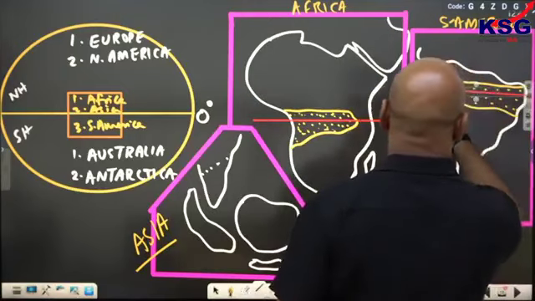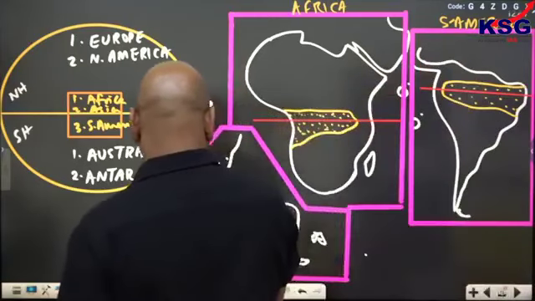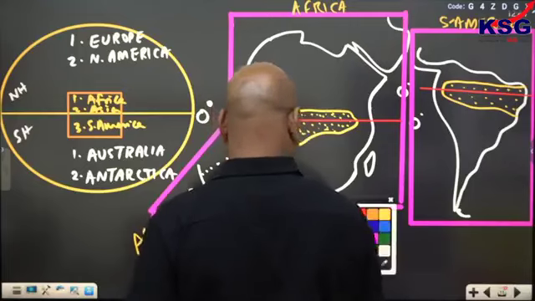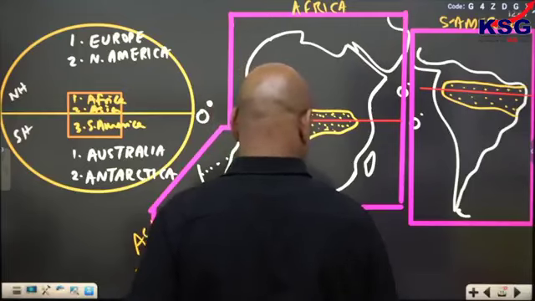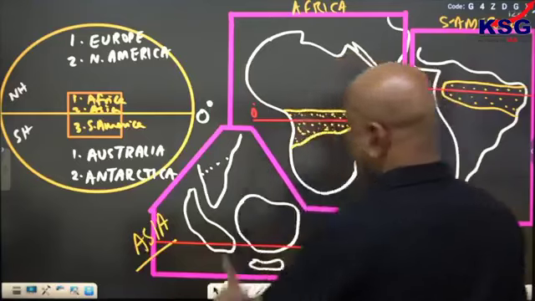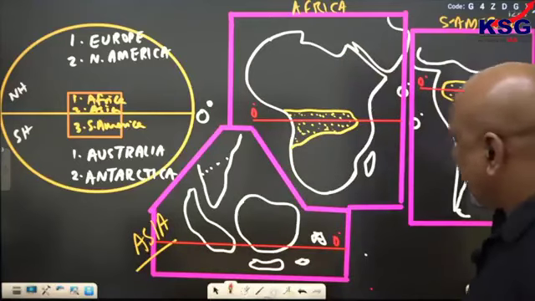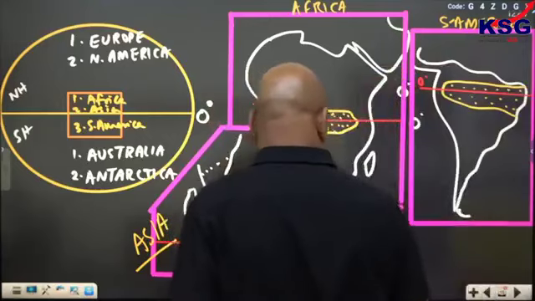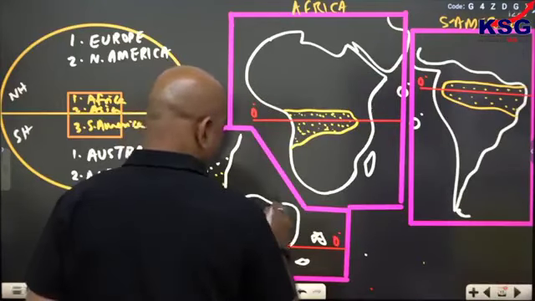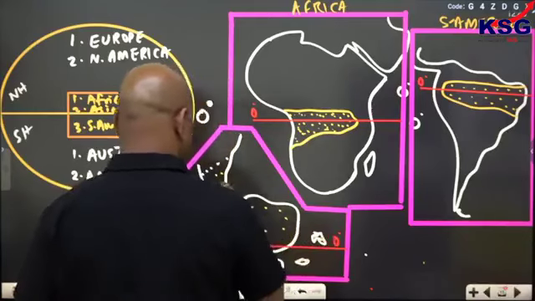This is the equator here, and here also it is the equator, 0 degree. See, in the three cases, you have the equator passing through the region, and that's why equatorial climate. But here, this entire region has equatorial climate. All of this that I am showing is equatorial climate.